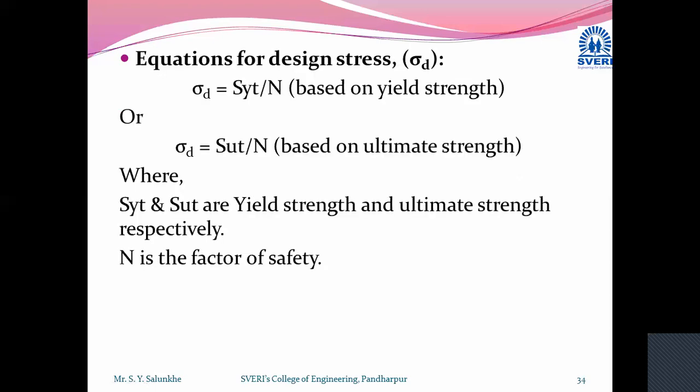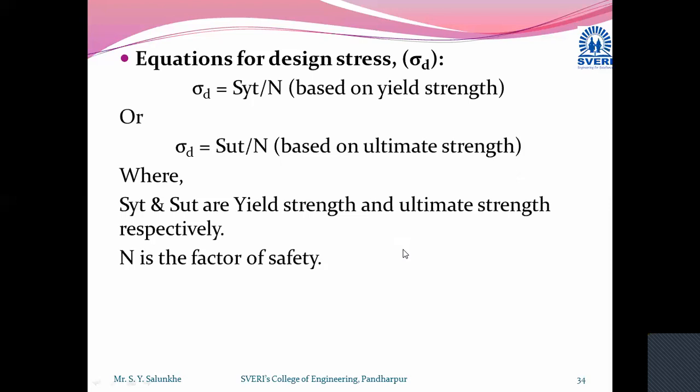These are the three formulas which we are going to use. In terms of load, factor of safety is given by failure load divided by allowable load. I will recite it once again: failure load divided by allowable load.